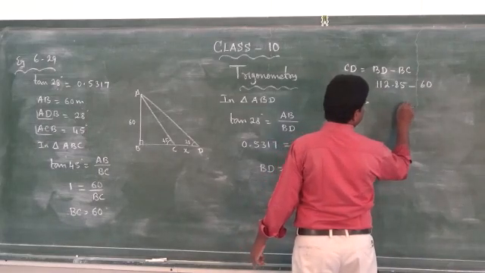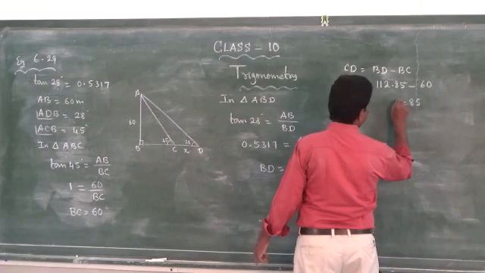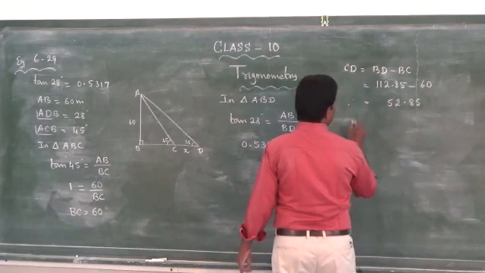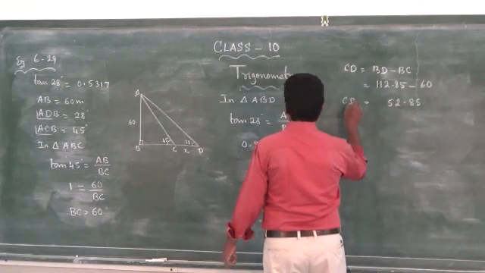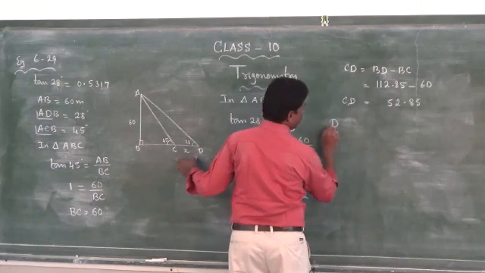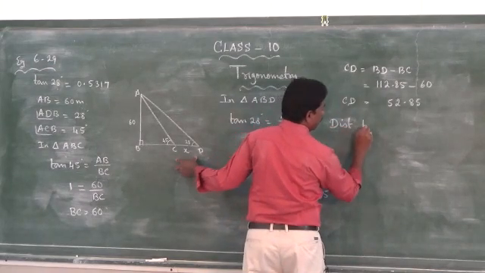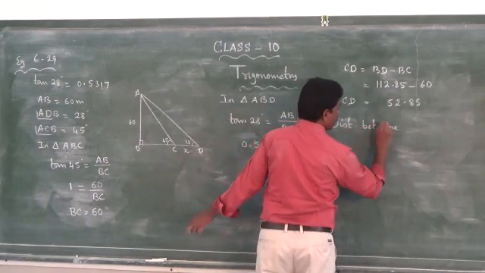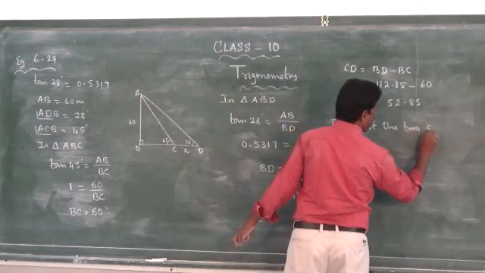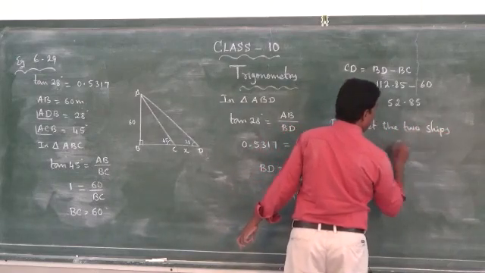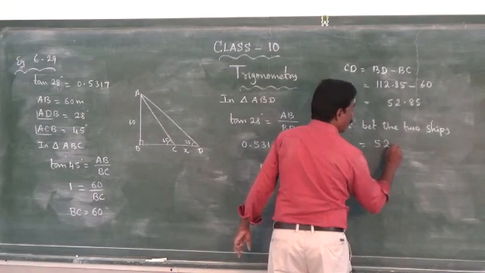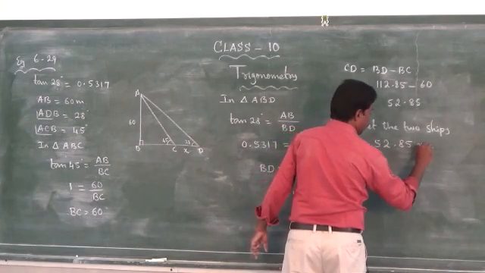When you subtract, CD is 52.85. What is CD? The distance between the two ships. Therefore, the distance between the two ships is 52.85 meter.